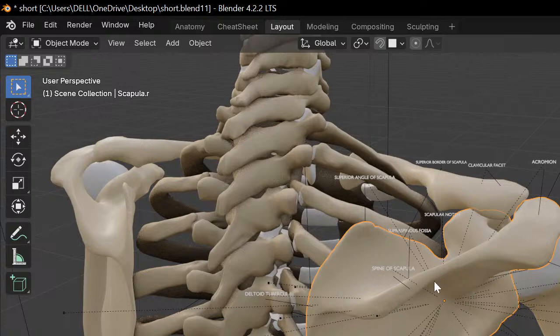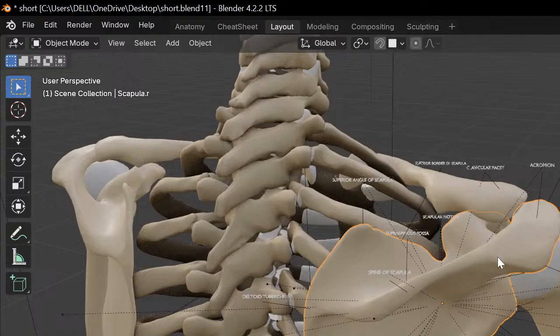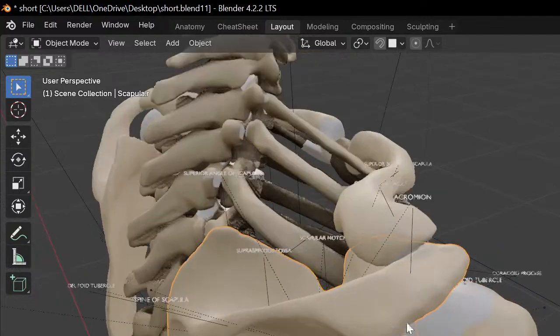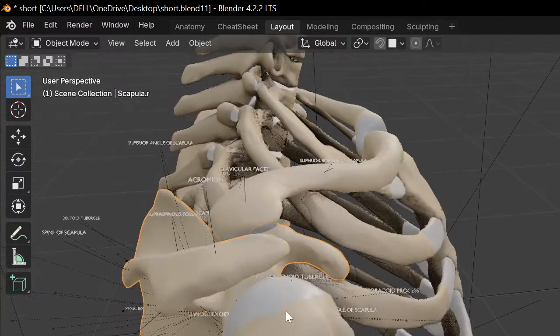Now, inferior to that spine, we have the infraspinous fossa, and as you can guess, the infraspinous fossa is the point of origin of the infraspinatus muscle. The spine of the scapula continues laterally and becomes a projection known as the acromion process.